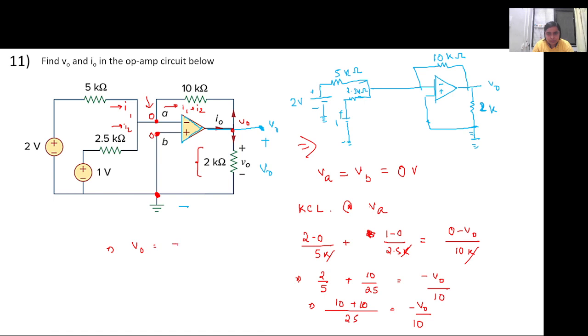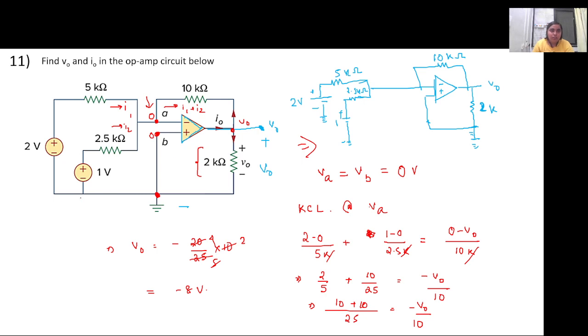V0 will be equal to minus 20 by 25 into 10. So it is minus 8 volt, right? Are you getting this? Yes, ma'am.